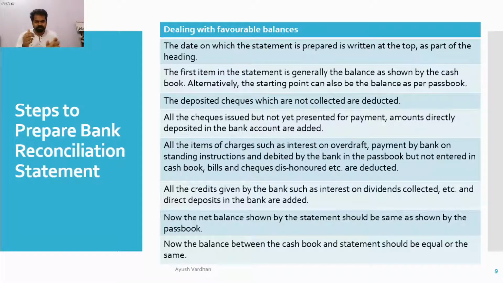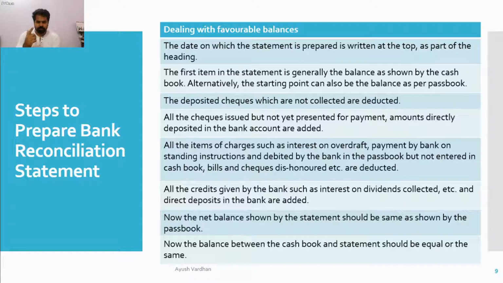Okay. The next is all the credits given by the bank, such as interest or dividends, etc., to be added. So if the bank is paying you something like interest on your savings, the bank pays you interest from time to time. All those have to be on the positive side of the BRC statement. Okay.